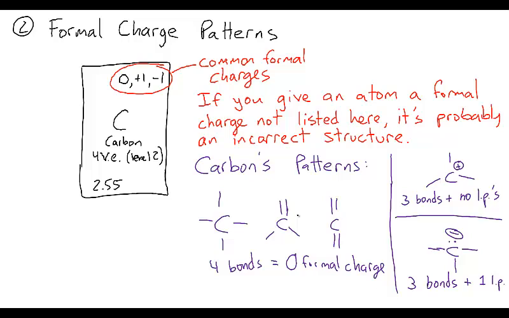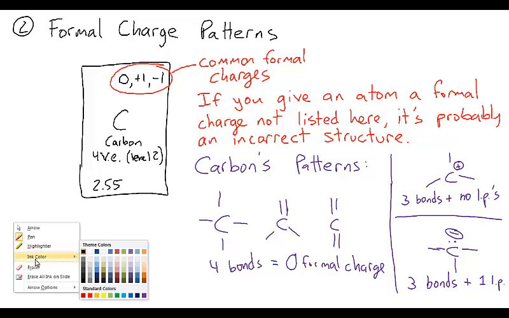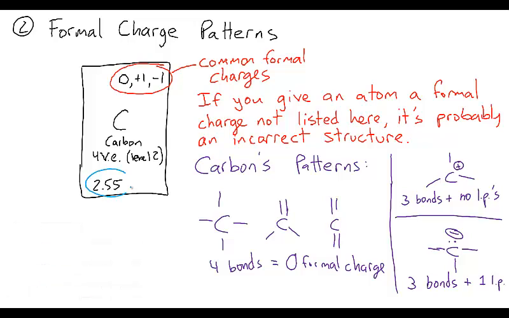What's the most important number in the box? Down here, electronegativity. Electronegativity tells us how strongly an atom pulls on electrons. Those numbers are going to be really important to us in this class. That's why I put them on your periodic table, because you want to use that to get a sense of the personality of that element.